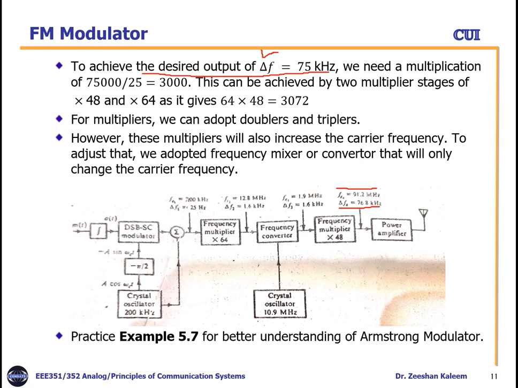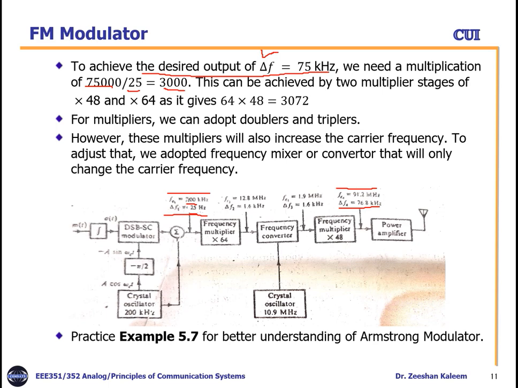We have an input of only 25 hertz with a carrier frequency of 200 kilohertz. So we need multiplication: 75,000 over 25 is 3,000. We want to achieve a multiplication factor of 3,000.